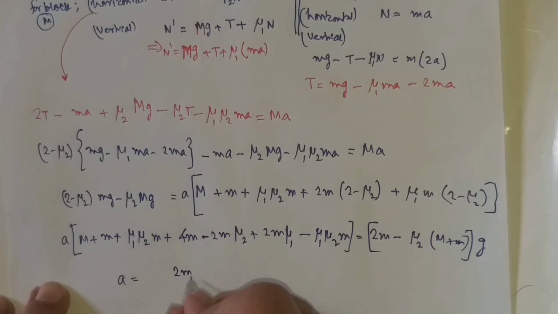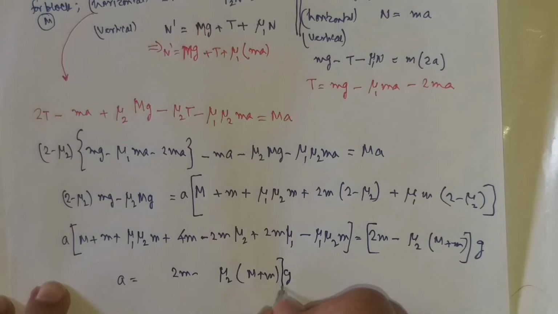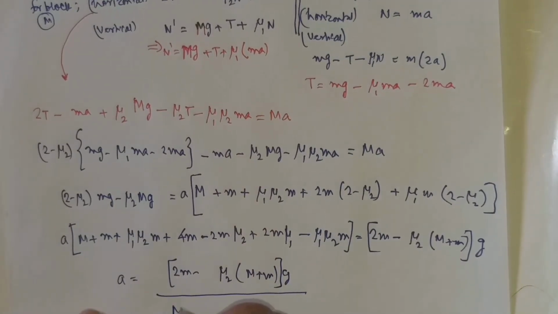Now what is A? This is 2m minus mu2 into capital M plus small m into g, g is with both of them, divided by, now let's see, only capital M is there.